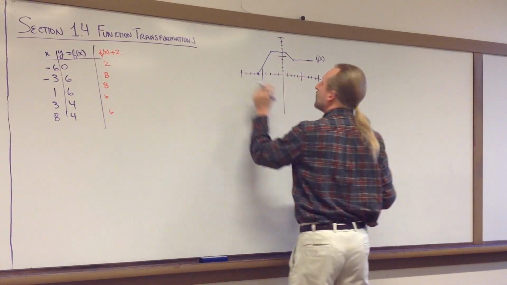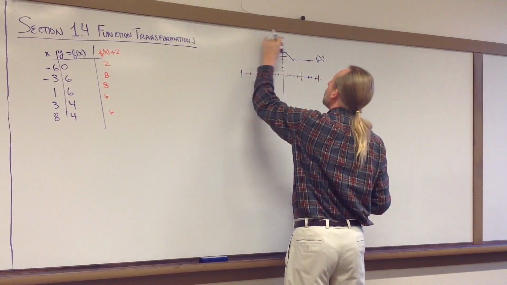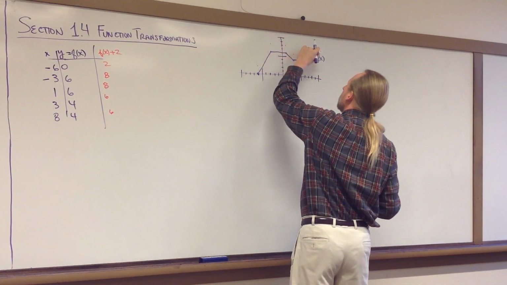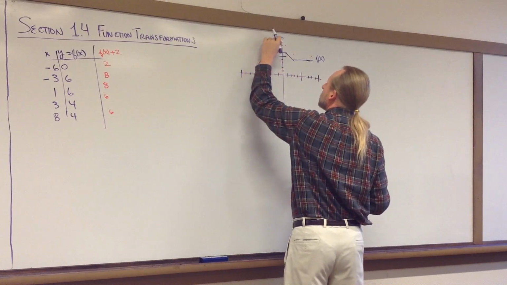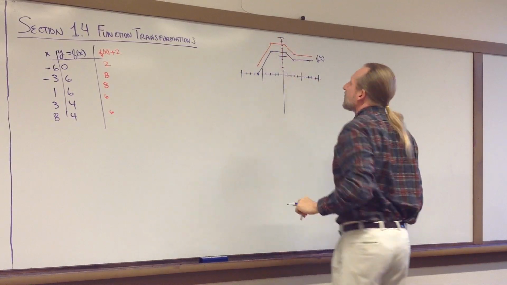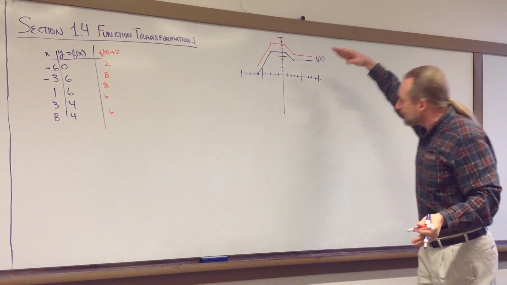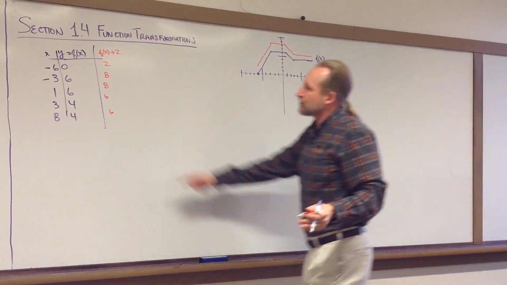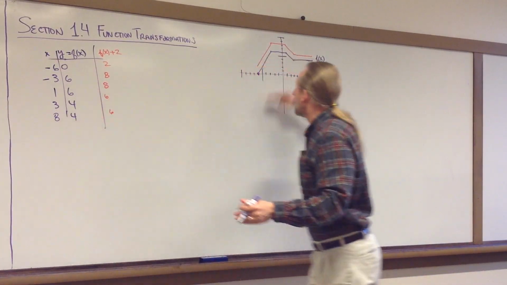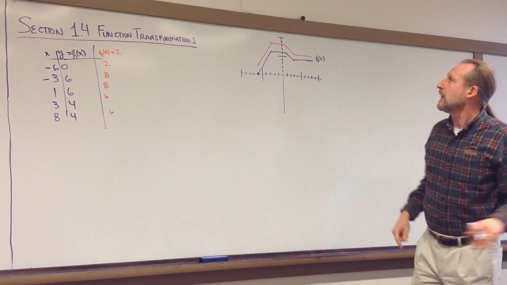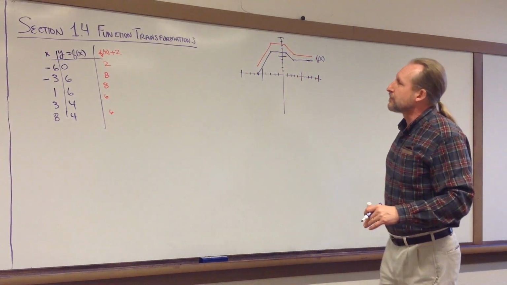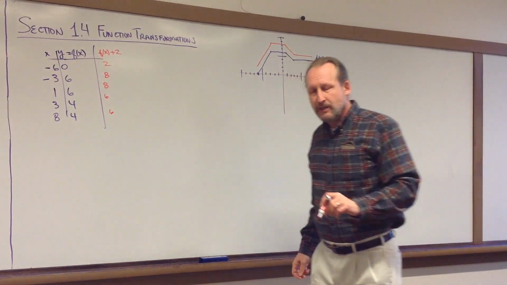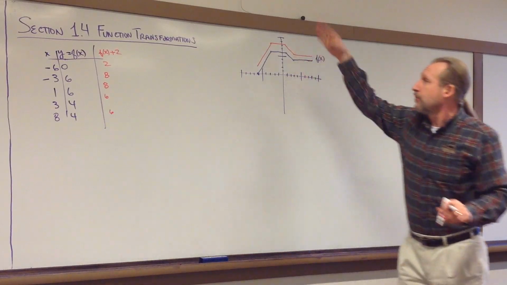And so that'll just push everything up 2 places, and it'll look something like that. Okay? And you can do the same thing with f of x minus something. It's going to just subtract from all these y values, and it's going to push the graph down.